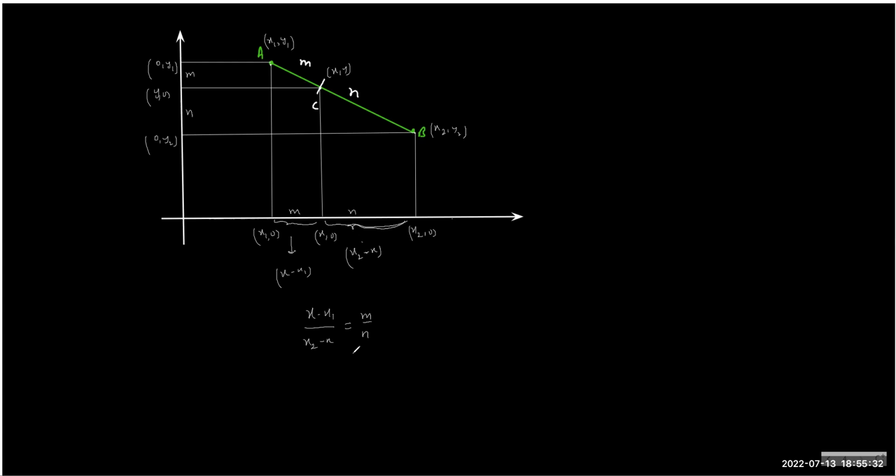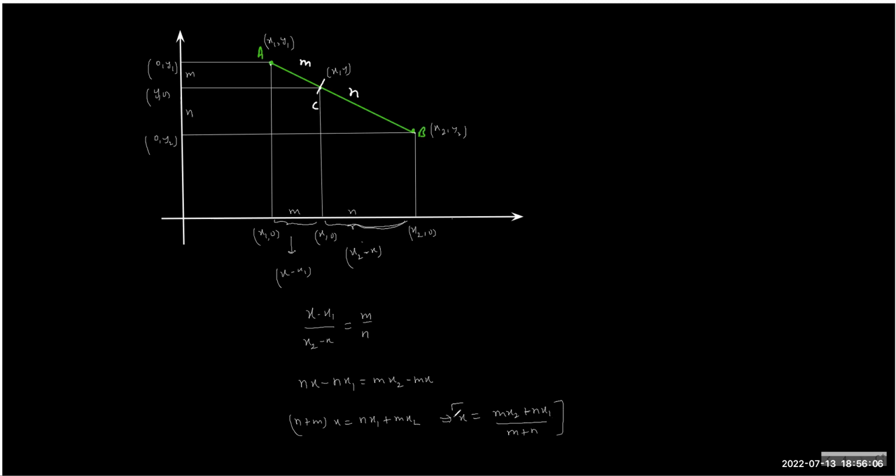Well, if this is the case, can we cross multiply? nx minus nx1 equals mx2 minus mx, and if you rearrange further, (m plus n) times x is nx1 plus mx2, and therefore x turns out to be (mx2 plus nx1) divided by (m plus n).